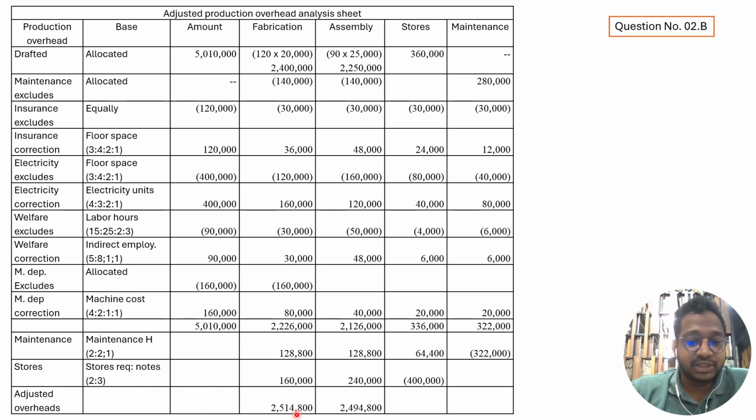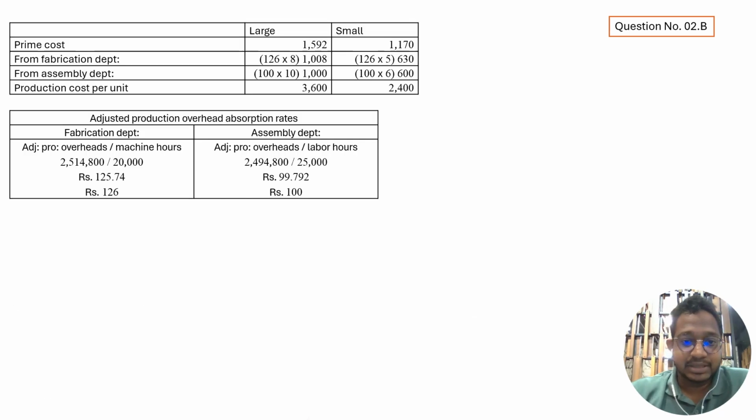Then you can find the adjusted overheads for fabrication and assembly. Then you can divide those by machine hours and labor hours to find the adjusted production overhead absorption rates. So here I valued at the closest value as 126 and 100.